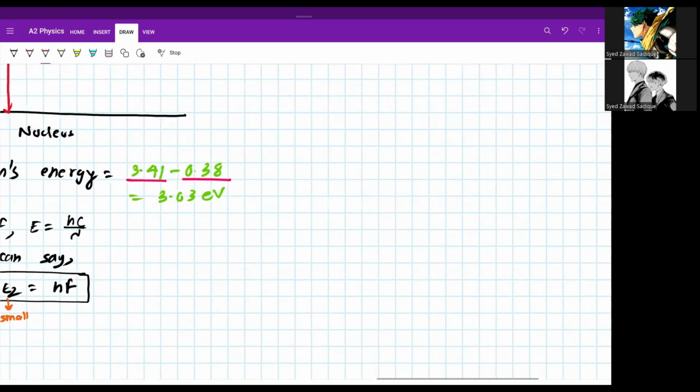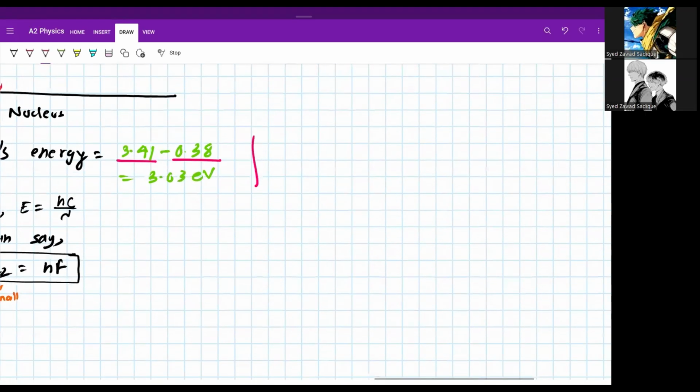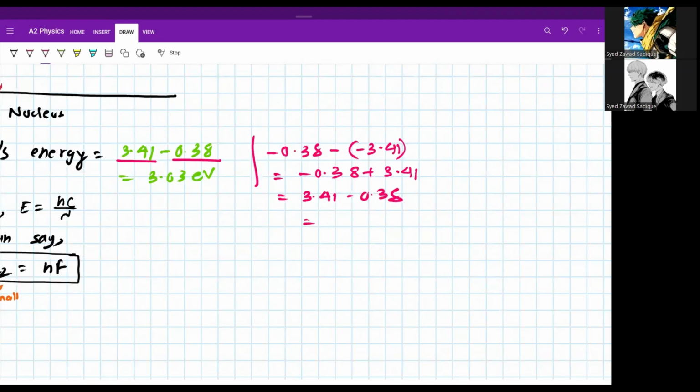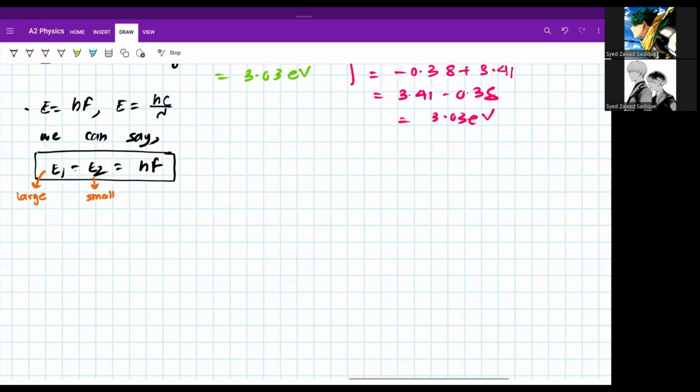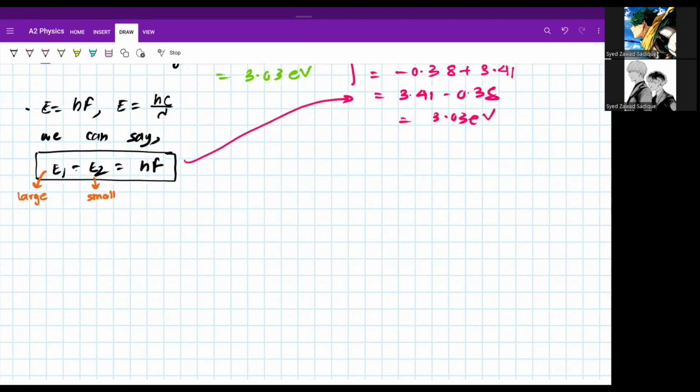But there's one more way to do this. If you include the minus, minus 0.38 minus minus 3.41 equals minus 0.38 plus 3.41, which also equates to 3.41 minus 0.38, which is 3.03 electron volts. So it depends on whether you include the signs or not.